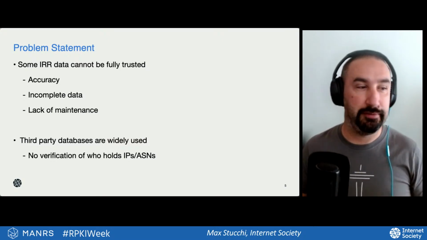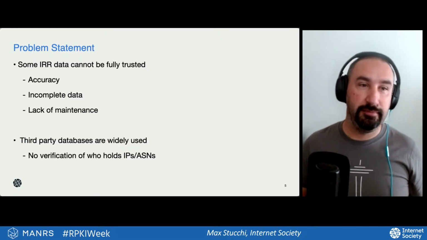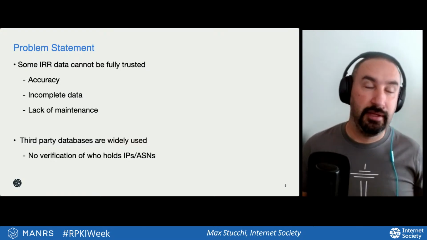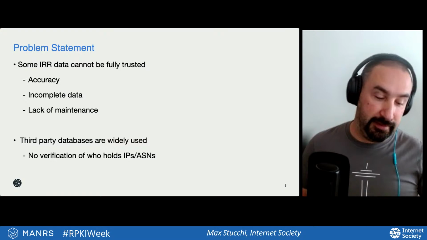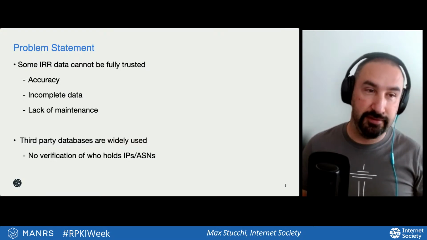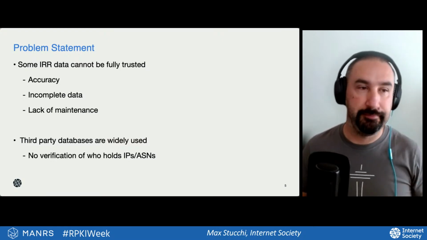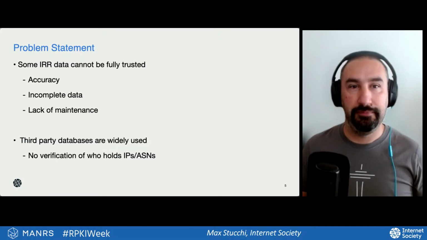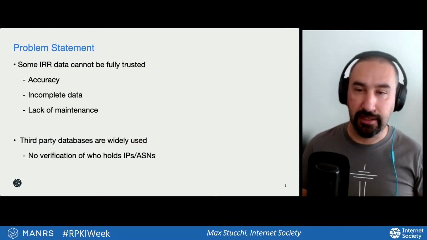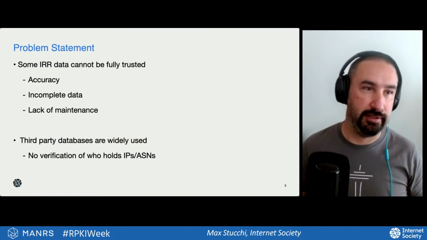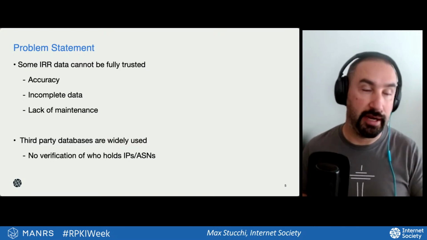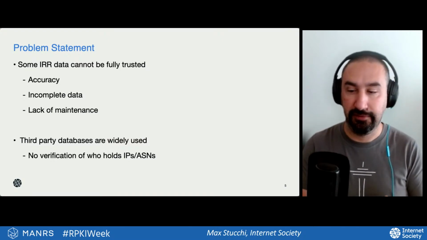And what is this about? The lack of maintenance means that these objects were left in a database where they shouldn't be. You know, parts of Africa were covered not by Afrinic, but by the RIPE NCC before Afrinic was created in 2006.